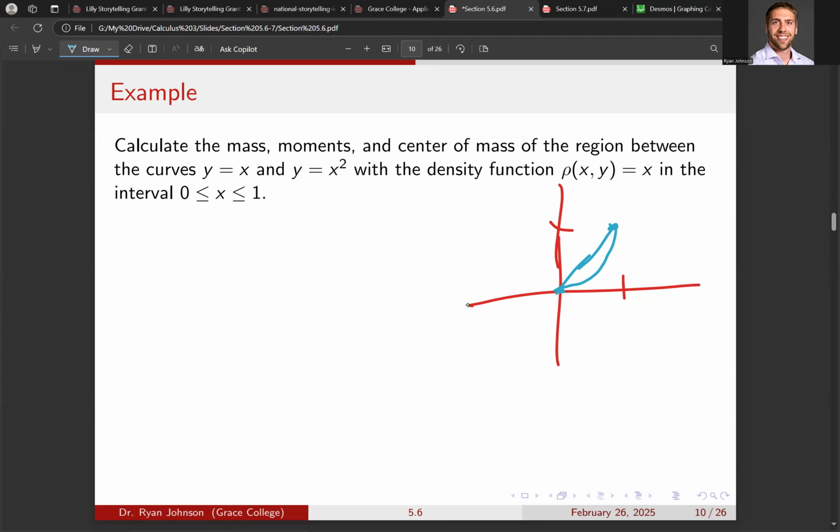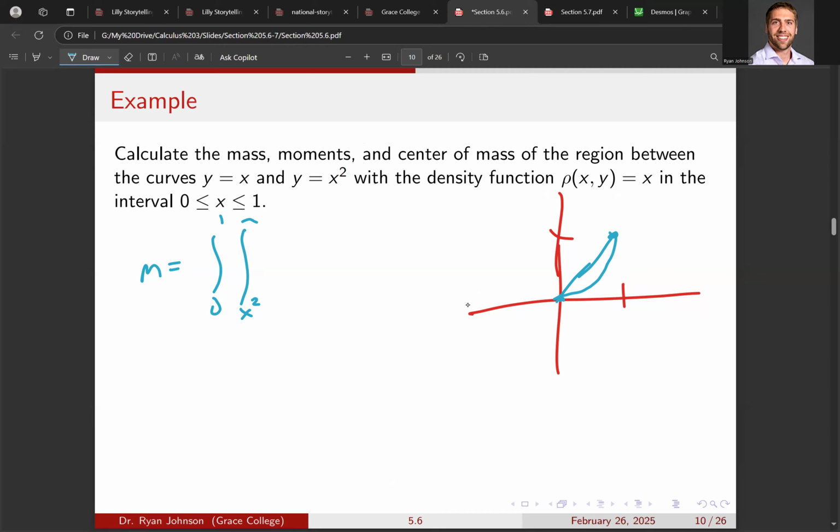So we're in that little sliver right there, which means m is going to be the integral from 0 to 1, integral from x squared to x. x squared's on the bottom, x is on the top, of x dy dx. Which is a much, much easier integral than last time. You guys can do it. I believe in you.